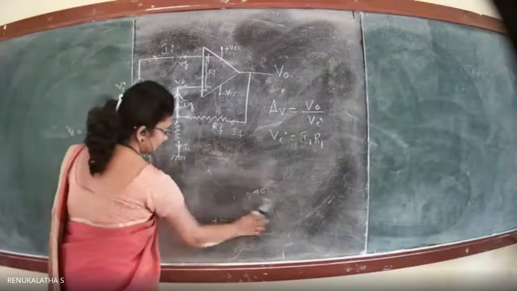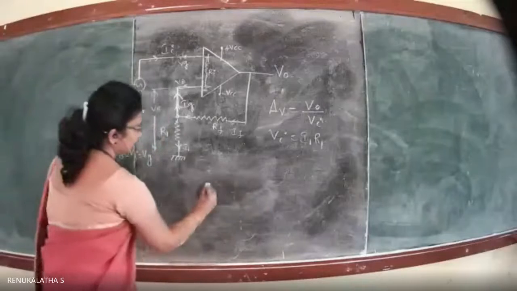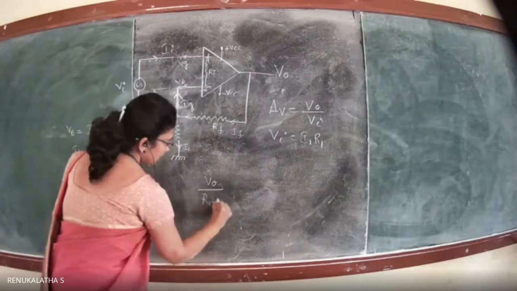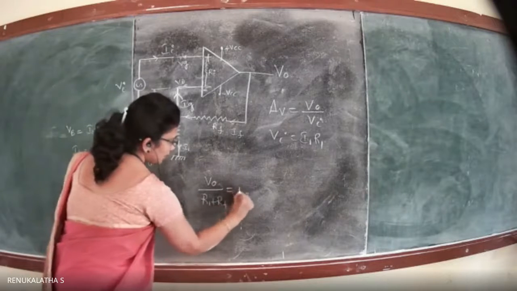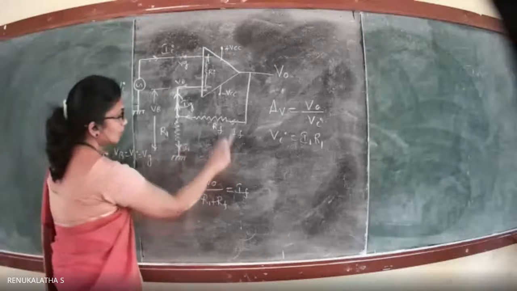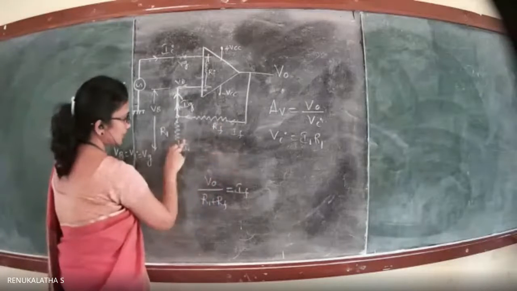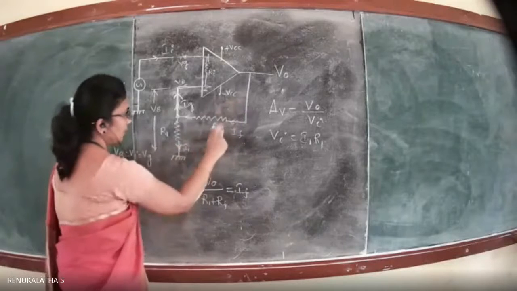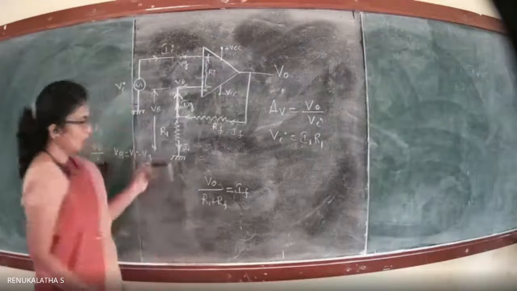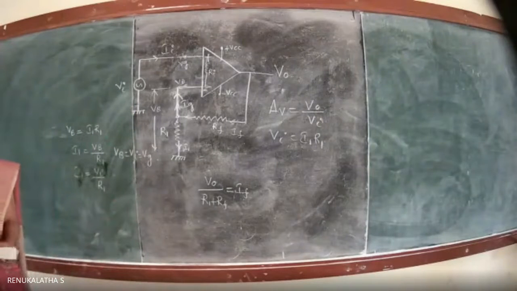So V naught divided by R1 plus RF is equal to IF, because IF and I1 are the same. So the current flowing through this will be V naught divided by R1 plus RF.